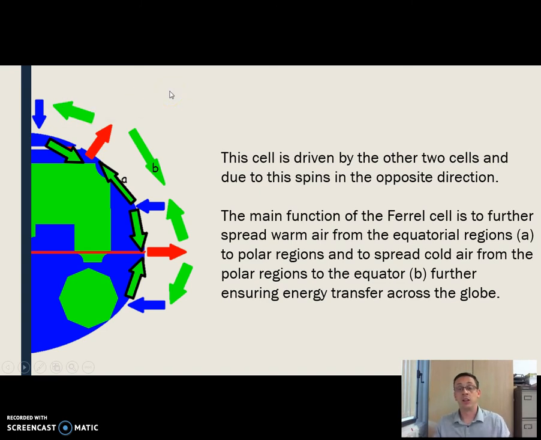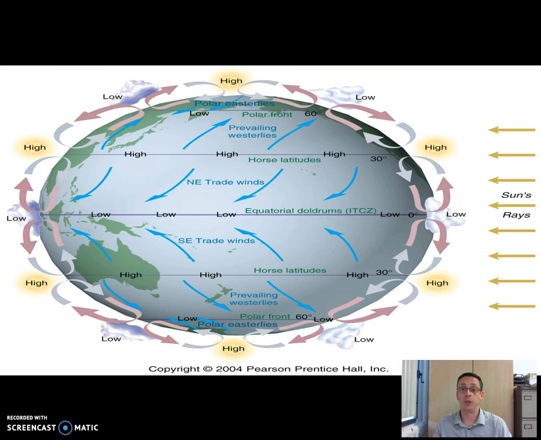Now, the last bit that I want to have a look at with this diagram is that it can look really complicated. There's a lot of information here, but some of the key things we look at are the names of some of our regions in the globe and some of the winds associated with the three-cell model. I've already spoken about how at the equator we call this region of low air pressure the doldrums.